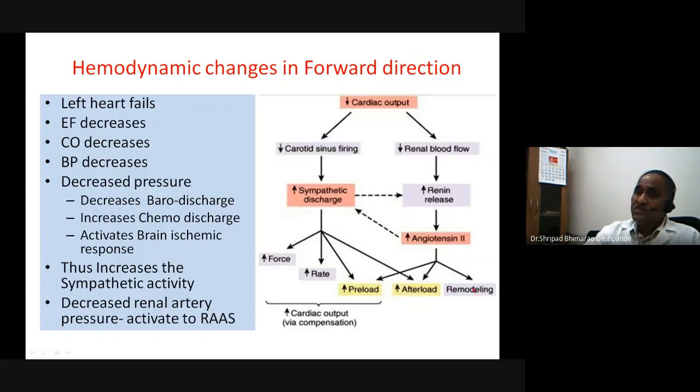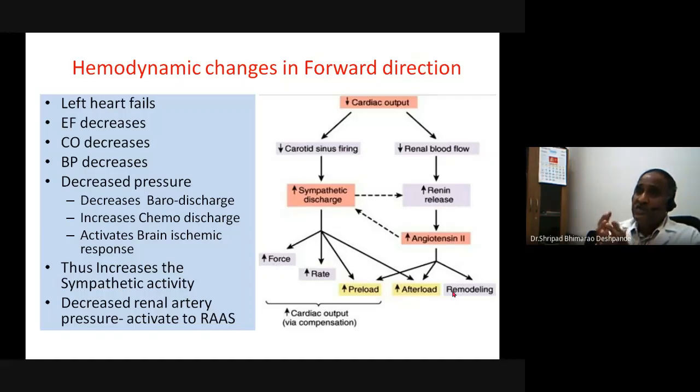Now, angiotensin 2 also expresses certain enzymes, so that would be remodeling the heart structure as required. So these are the hemodynamic changes in the forward direction.